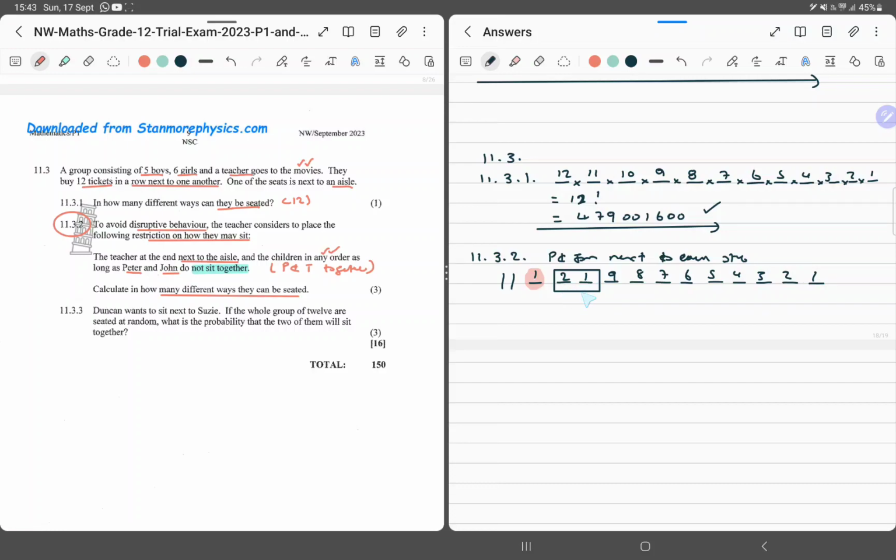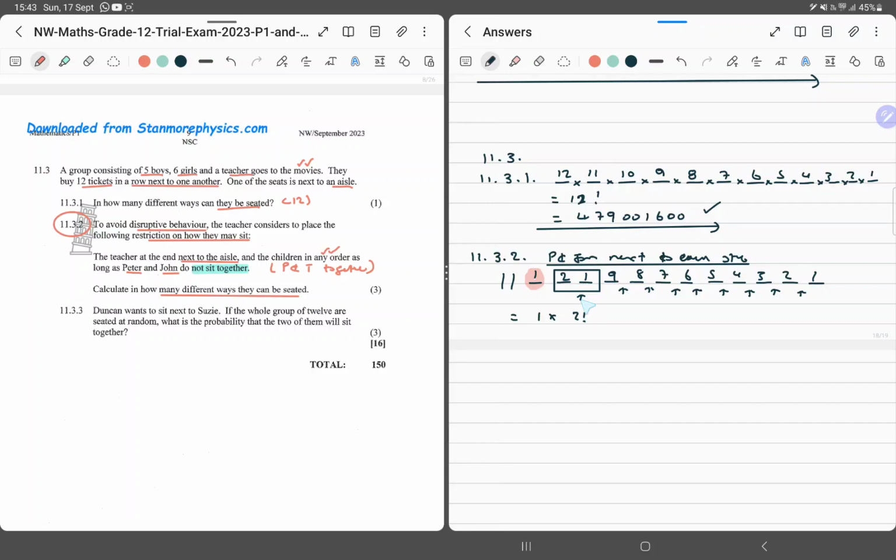But these dudes here can be placed in that position, or they can be placed in between those ones, in between those ones, in between those ones. So I'm targeting the in-betweeners. Okay? So meaning these guys can be put in this way if John and Peter are to be next to each other. It's going to be 1 multiplied by this 2 factorial.